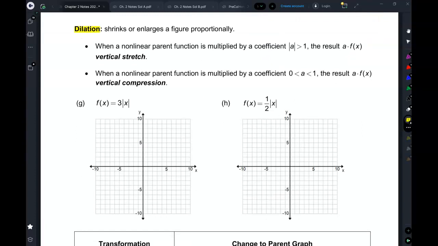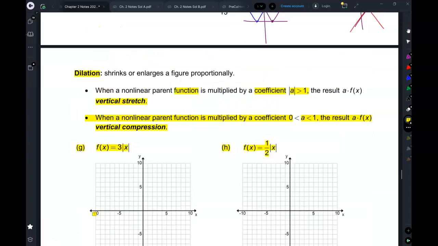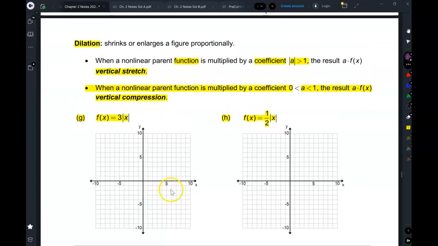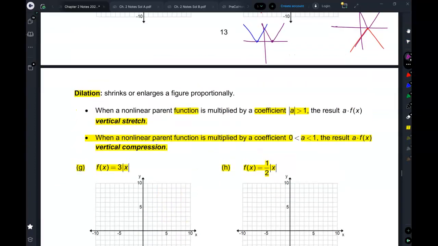Okay, next let's talk about dilations. Dilations are when a graph will shrink or enlarge, make it wider or narrower, right? When a graph is multiplied by a coefficient greater than 1, it's a vertical stretch.